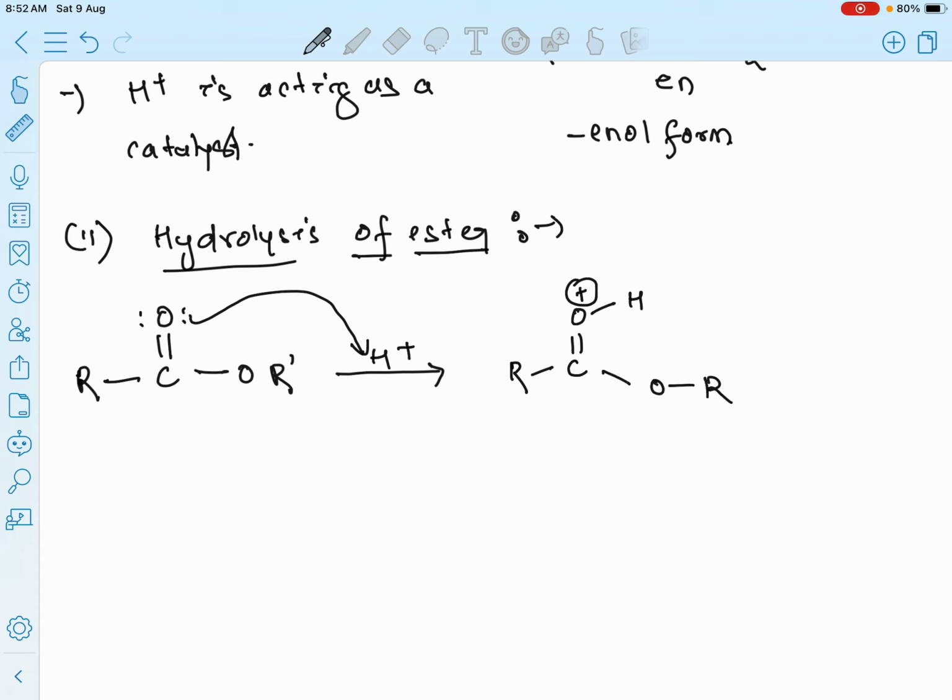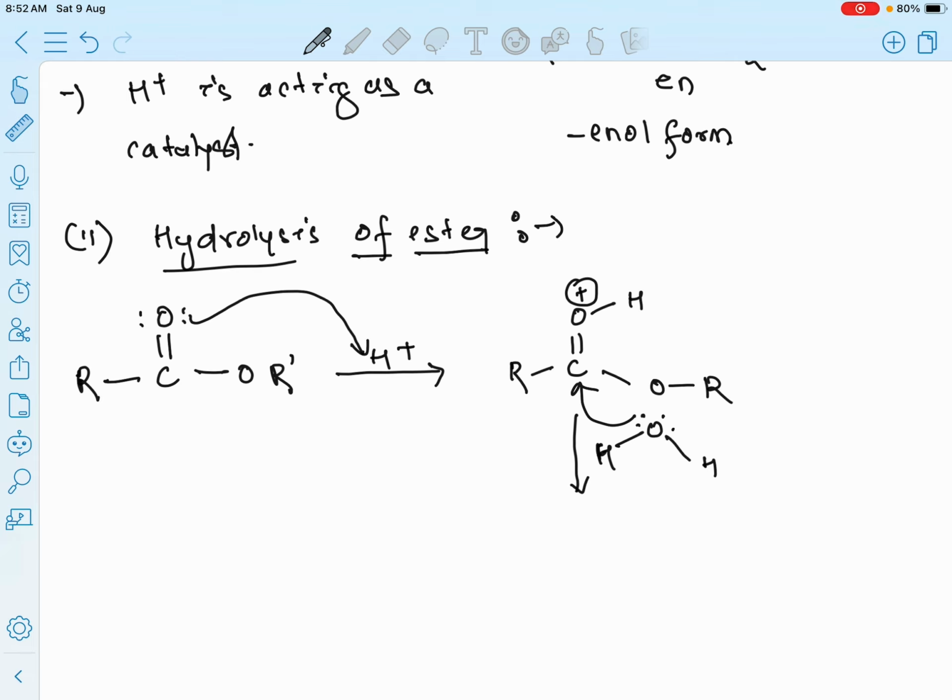Now what will happen? Obviously the solution will be taken in a solvent medium, and the solvent may be water. So over the oxygen atom, this positive charge is not stable for a longer period of time. From the solvent, there is a chance that a water molecule can attack the carbonyl carbon, as carbon has now become much more electrophilic in nature.